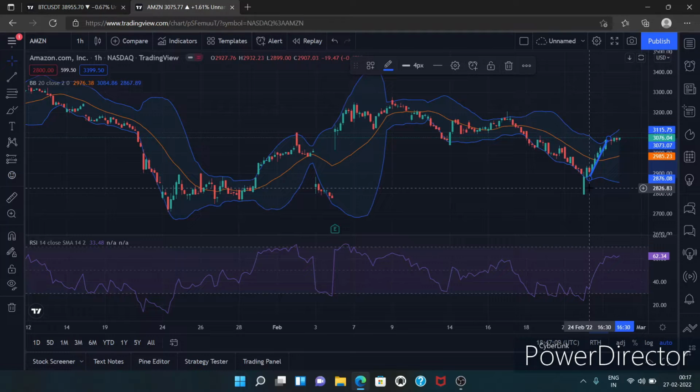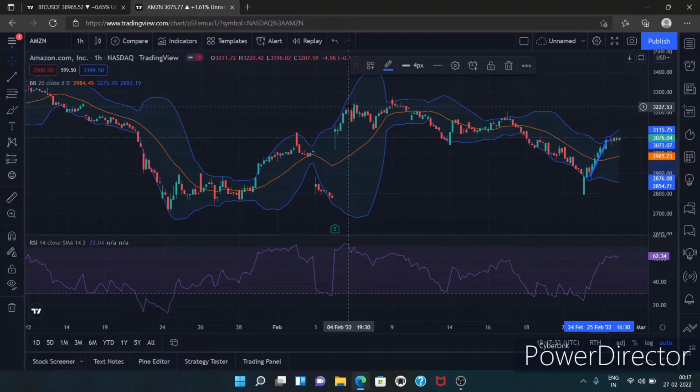Now, as the stock was near its support and the RSI level was in the oversold region, this formed a buy signal for the stock. Whereas a sell signal will be when the RSI is in overbought region and the stock is touching the resistance line, not near.